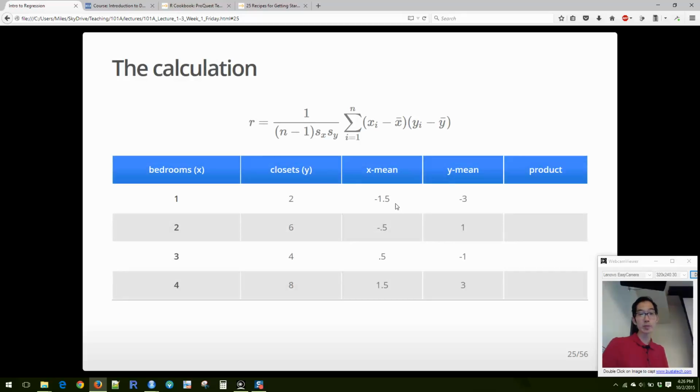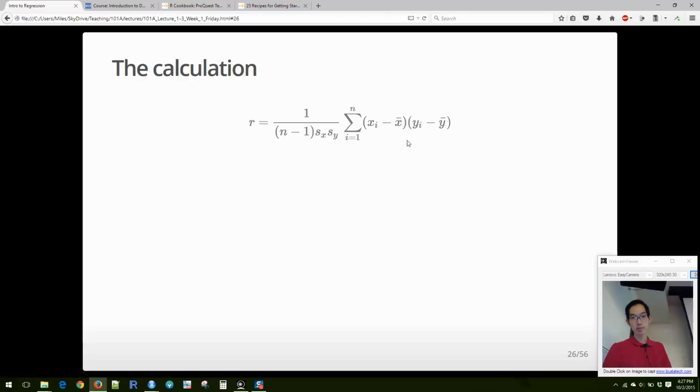If I do that, 1 minus 2.5 gives me negative 1.5, and I get all of these values. I do the same thing for y, subtracting off the mean of 5 for each value, and I get negative 3, negative 1, 1, and positive 3. Lastly, we multiply these two together and add them up.